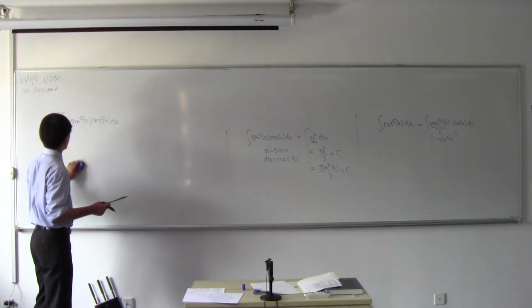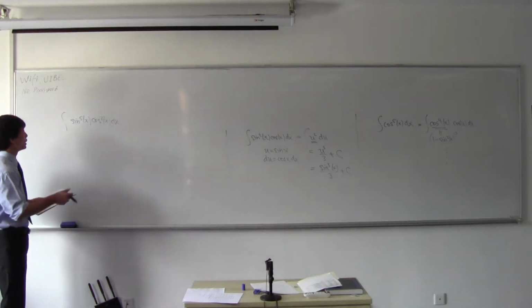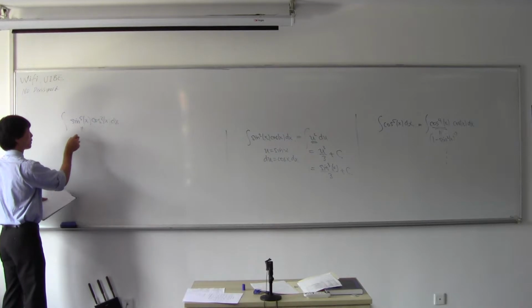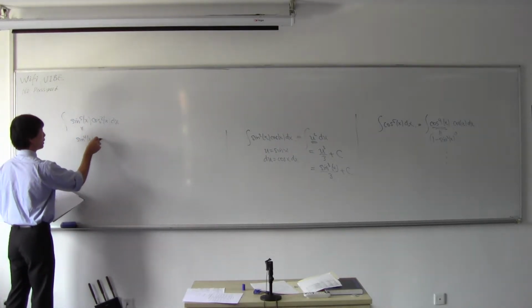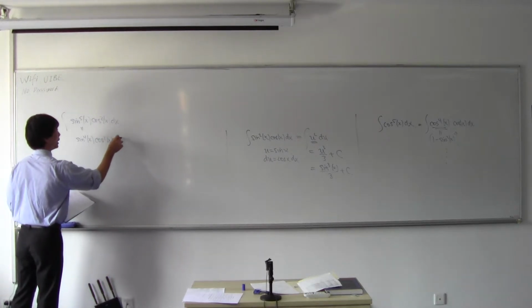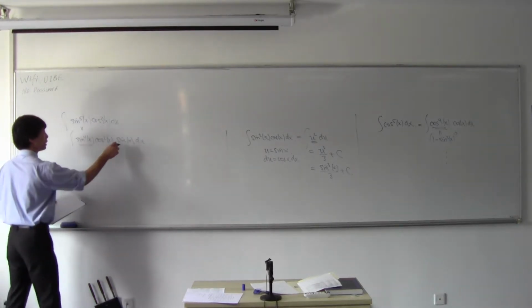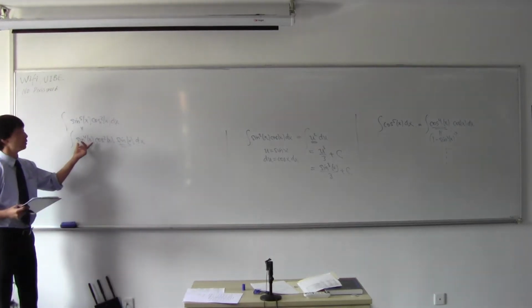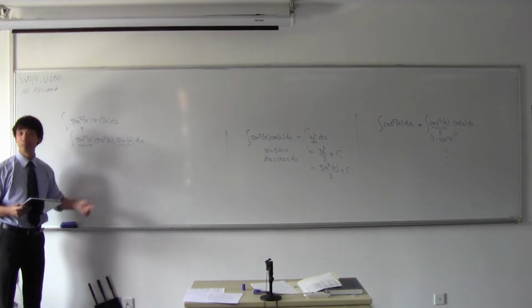But we're going to do something similar to the previous trick, which is let's break this up into sine to the 4th x times sine x. So we'll break it up into an even power and this one leftover.